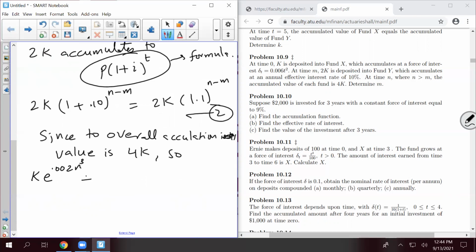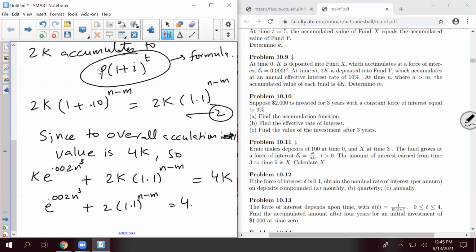The second one was 2K times 1.1 to the power N minus M. That's equal to 4K. Now the K can cancel out. You can divide everything by K. So you get e to the 0.002 N cube plus 2 times 1.1 to the power N minus M is equal to 4.